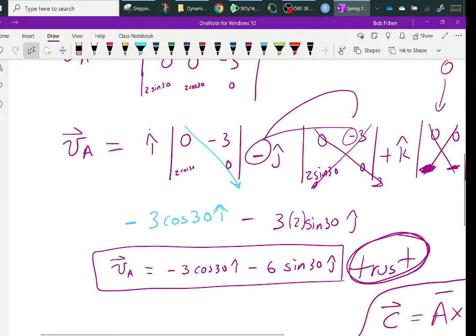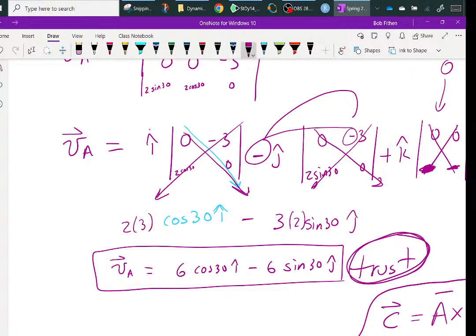So here, I can go back here. This became the positive. This became the negative, but there's one negative there already. So then what I get is 2 times 3 times cosine. So then this becomes 6 cosine.